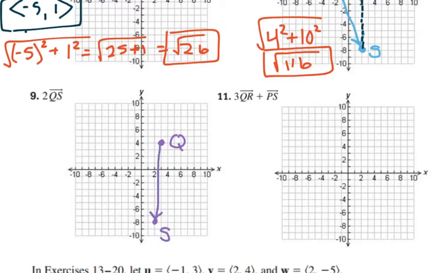And so that's QS, so let's go ahead and find the component form of that. So it's left 1, which means negative 1, and down, let's see, 4 plus 8, so negative 12. But then they want you to multiply that by 2, and so our form is actually going to be negative 2, negative 24.